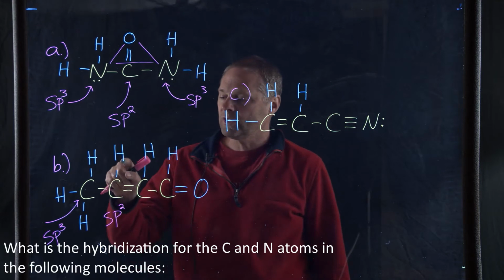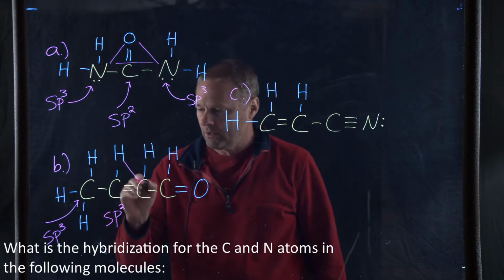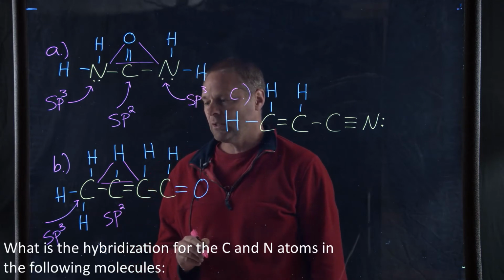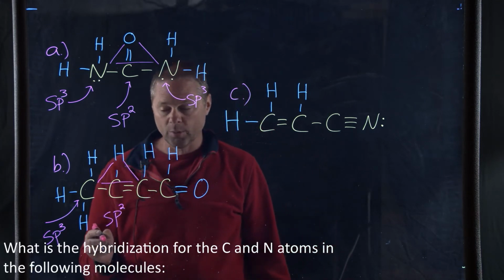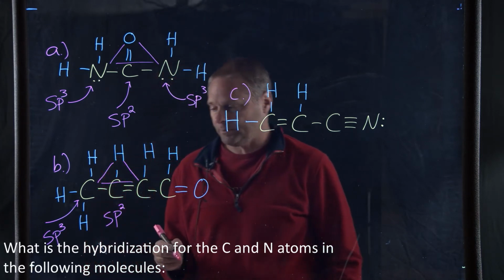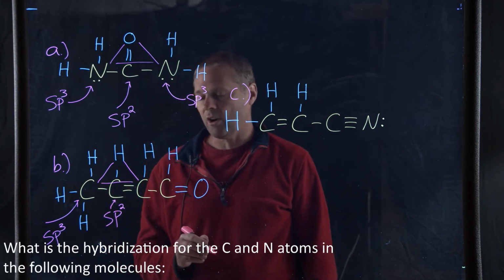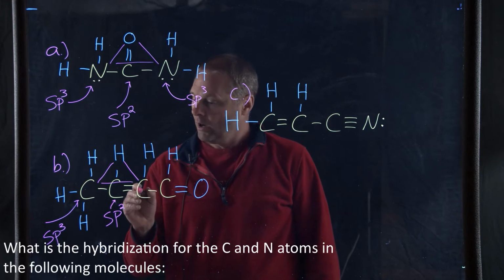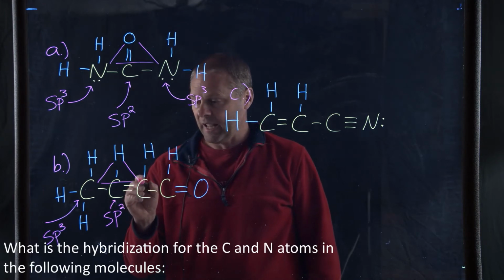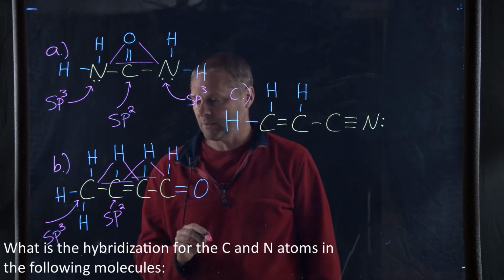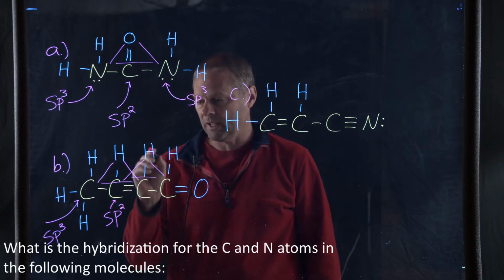We can also notice that the geometry of that one is going to be trigonal planar. Once again, that tells us that the hybridization of that carbon is sp2. This carbon is going to be the exact same. We can see that this carbon has 3 things bonded to it, a carbon and a hydrogen.